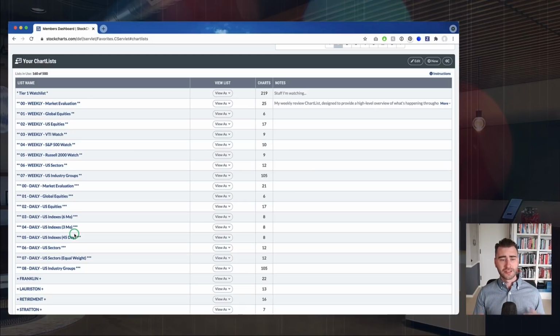The same applies to these index lists. So if you want to create a list full of all the major indexes, for instance, this daily US equities list, you could create that chart list and then set alerts on it or run scans on it to keep an eye on what's happening across those major market averages.